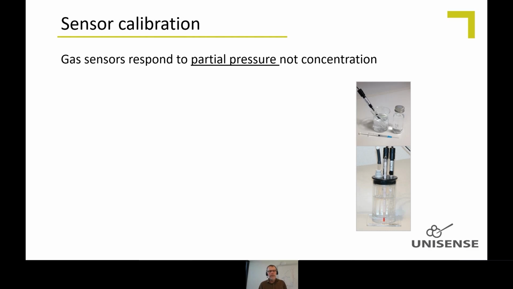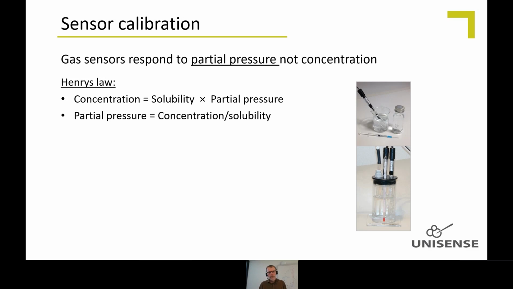So the sensors respond to the partial pressure and not the concentration as such. Henry's law says that concentration equals the solubility times the partial pressure, and therefore partial pressure equals the concentration divided by the solubility. This means that if we keep solubility constant, that means we will keep temperature and salinity constant, then a change in partial pressure will equal a change in concentration.